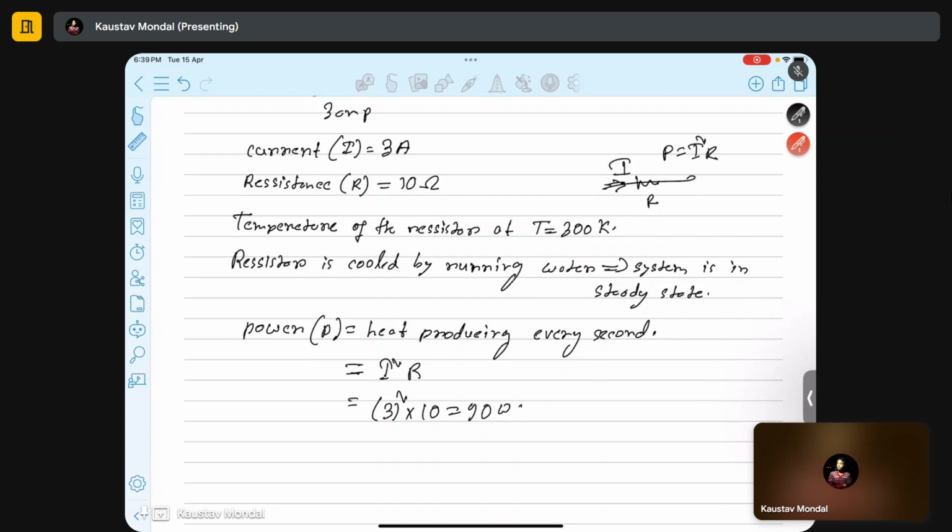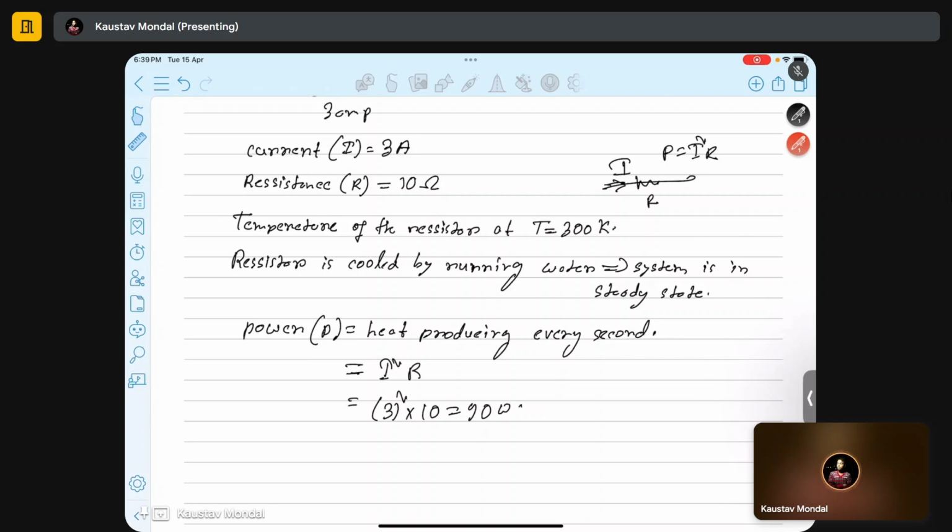Now the main thing is that in the problem it's already mentioned that the resistor is cooled all the time by using running water. So as the resistor is cooled all the time, it's kept at a steady state.